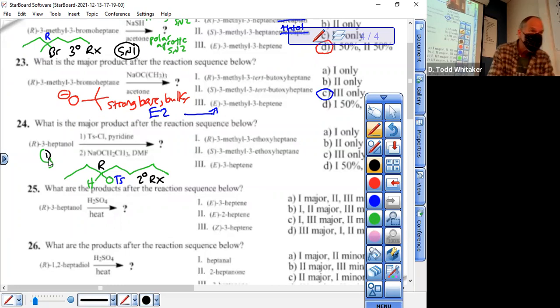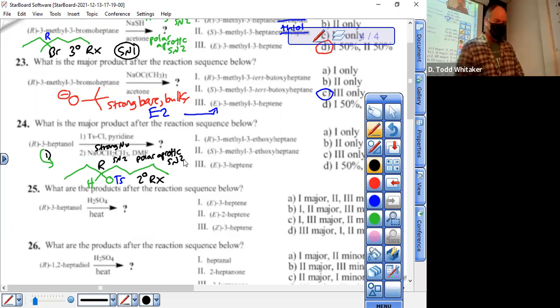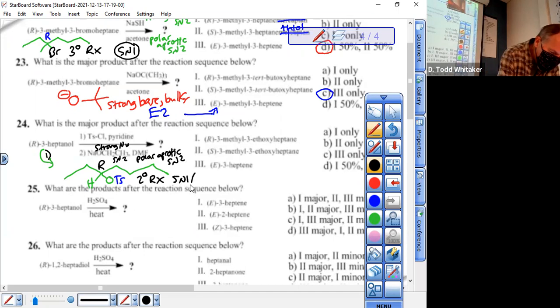Now do your analysis. I've got a strong nucleophile, SN2. I got a polar aprotic solvent. This is exactly what the other student was asking about here. You have to use the nucleophile and solvent when you don't have a decision from the first part.